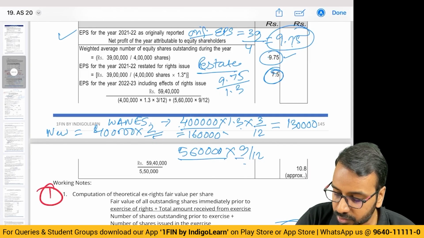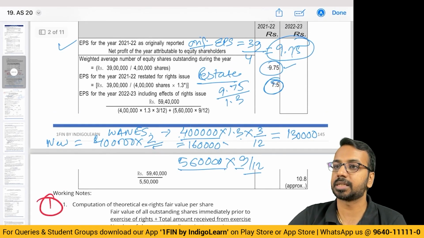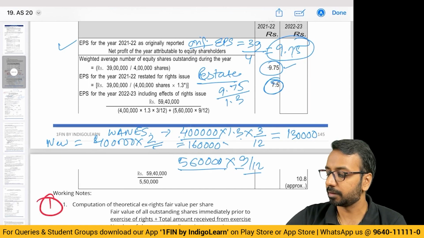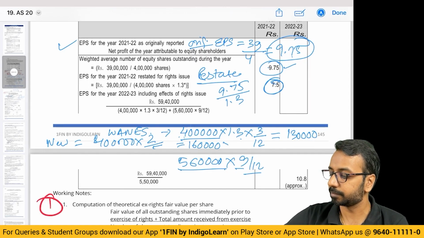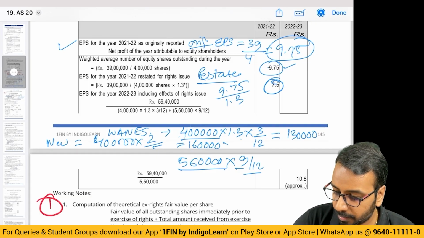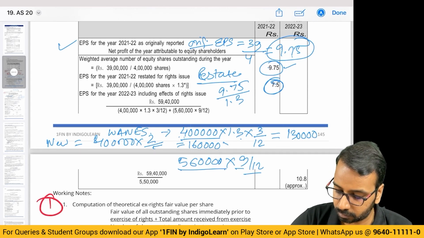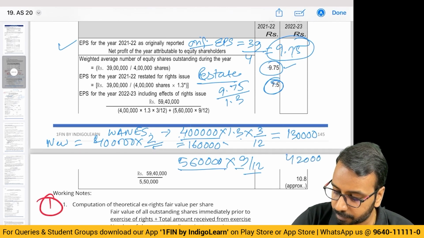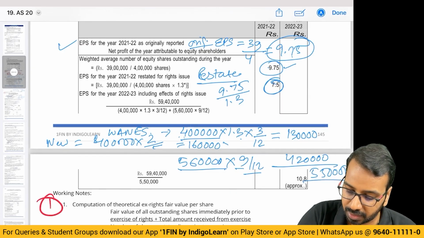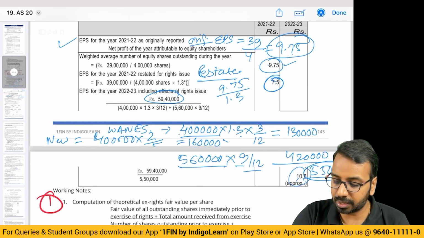Then 5,60,000 into 9 by 12, that is $4,20,000. This will make it 5,50,000. So EPS will be 59,40,000 divided by 5,50,000. The number that you get here is 10.8.